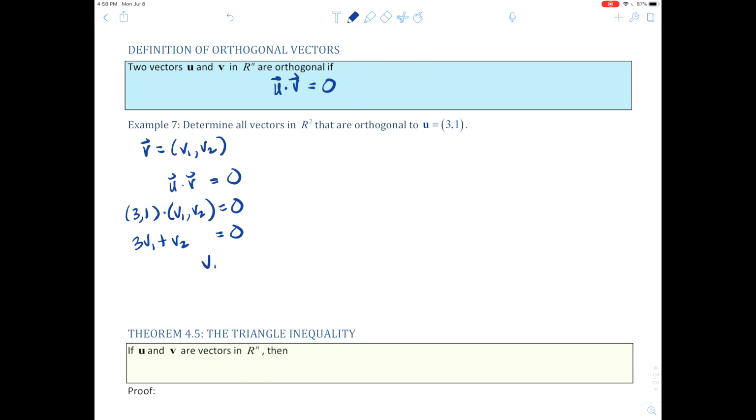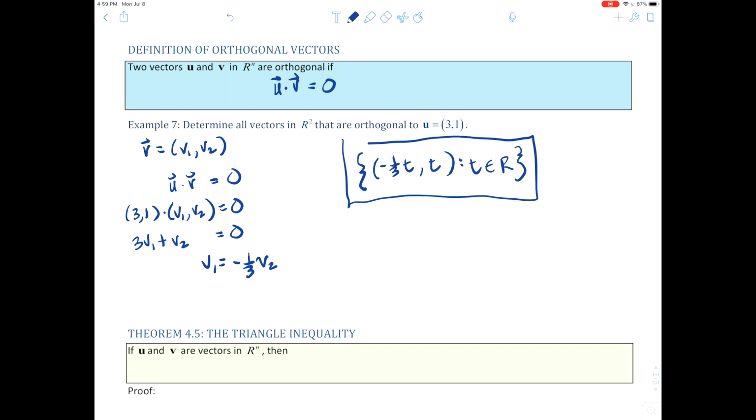So isolating v1, we would get what? -1/3 v2. And then parameterizing this and putting it in a set, we'd have (-1/3 t, t), such that t belongs to the real numbers. Those are all the vectors in R2 that would be orthogonal to u.